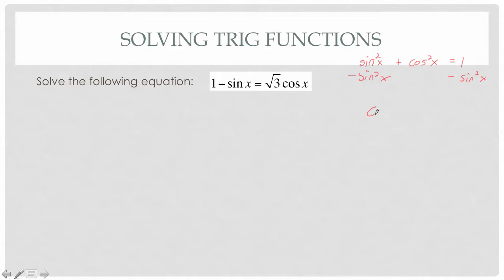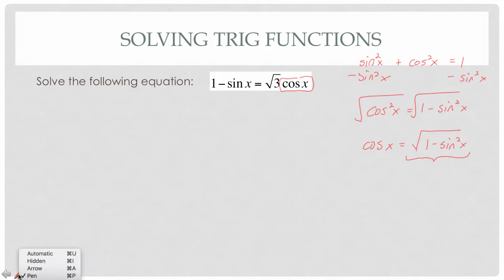So the cosine squared of a number equals 1 minus sine squared. And then I'm going to square root both sides. So the cosine of a number equals the square root of 1 minus sine squared of x. And that's what we're going to do. We're going to substitute this in for this cosine, and then we'll only have sines left.